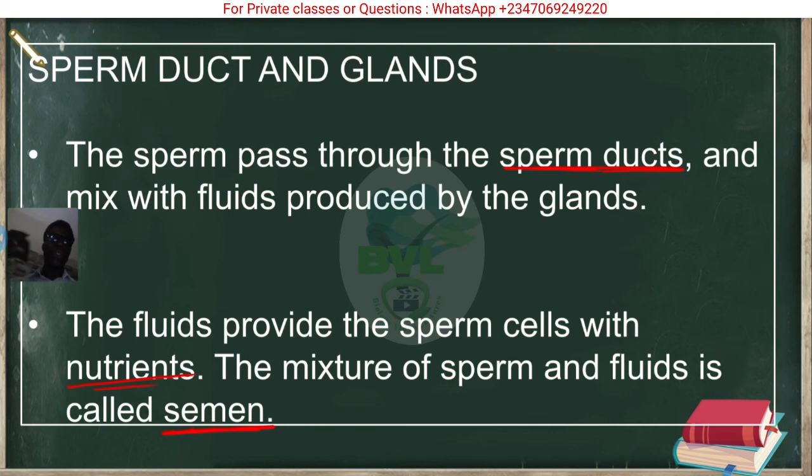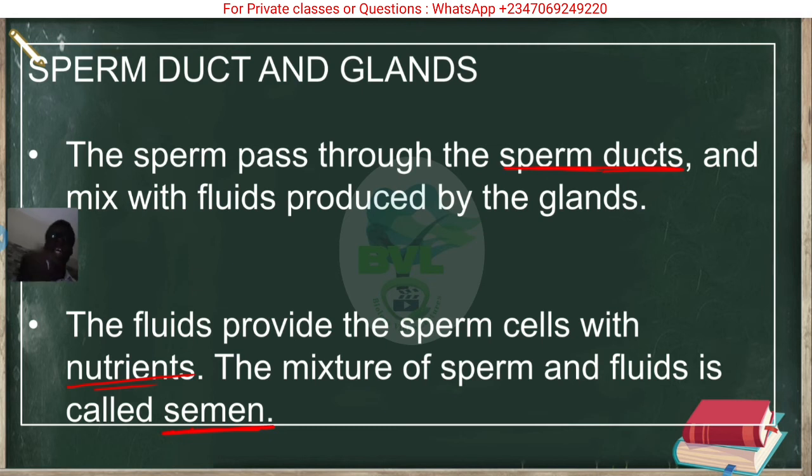So when the fluid is mixed with the sperm cell, it prevents the sperm cell from dying as it passes through the urethra, because there could be some urine left there. If not for that fluid coming from the glands, it would eventually just die.